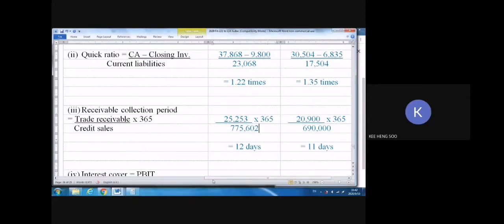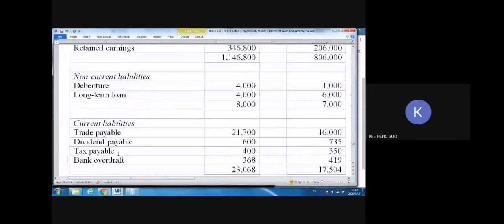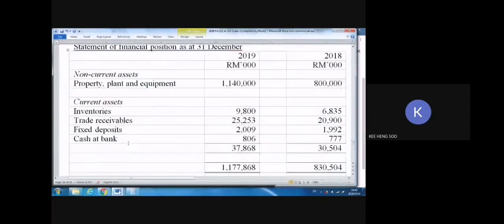Receivable, according to the question, is 25 and 30,000. Receivable is here. Do you see our receivable? 25 and 30.